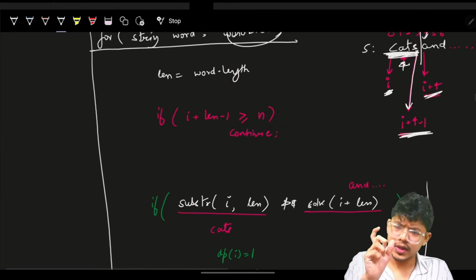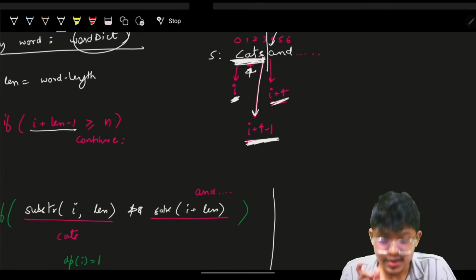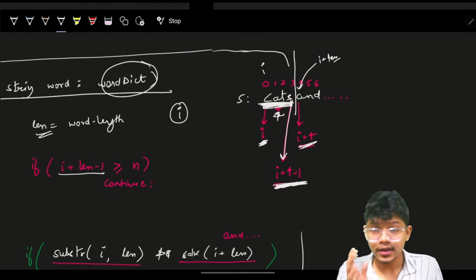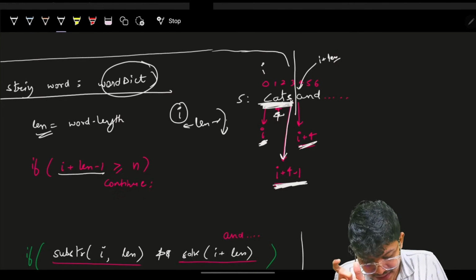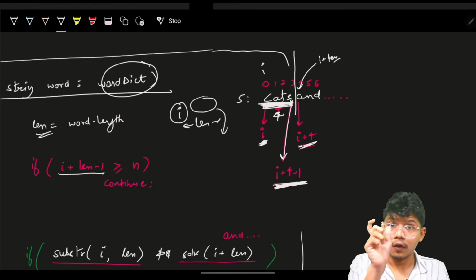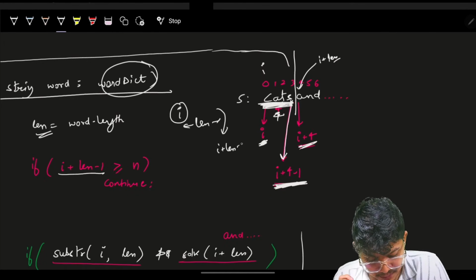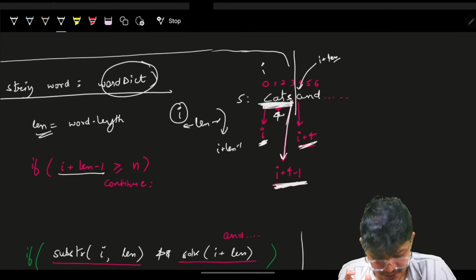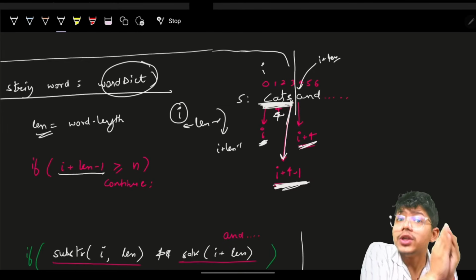So if I am standing at index I and I'm expecting the word length to be this length, I know the last index for the last character of the word will be I plus length minus 1. And that index should not go beyond n.